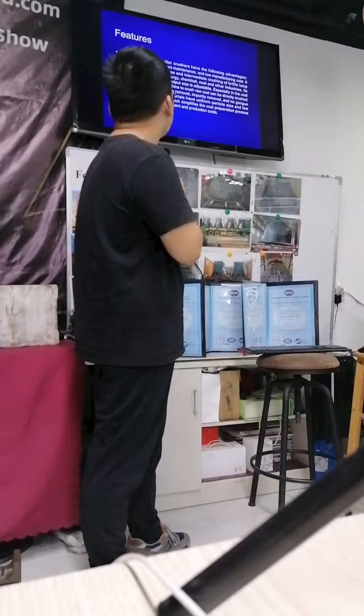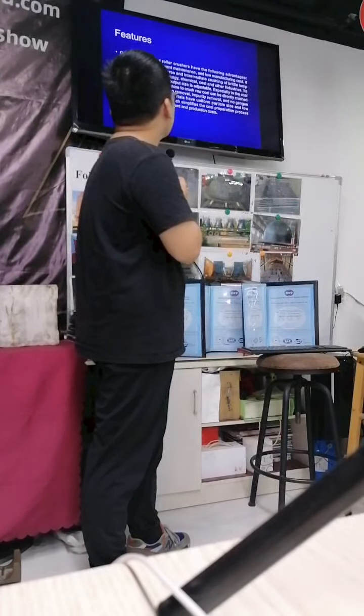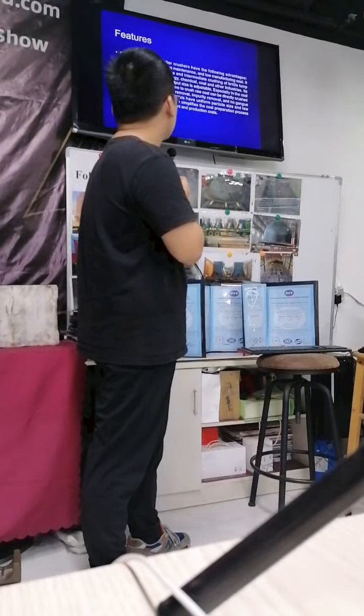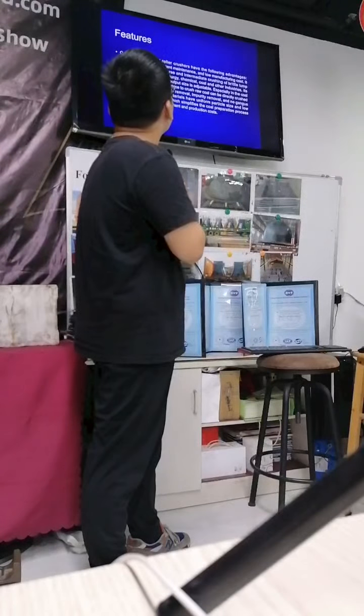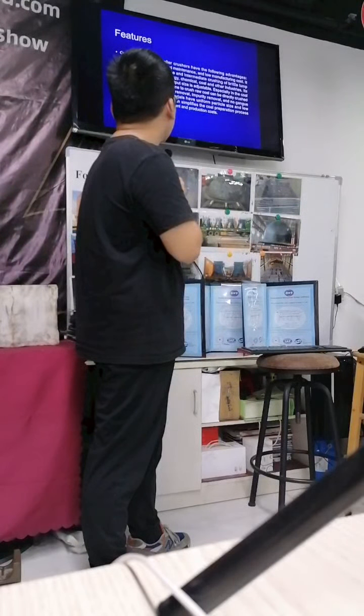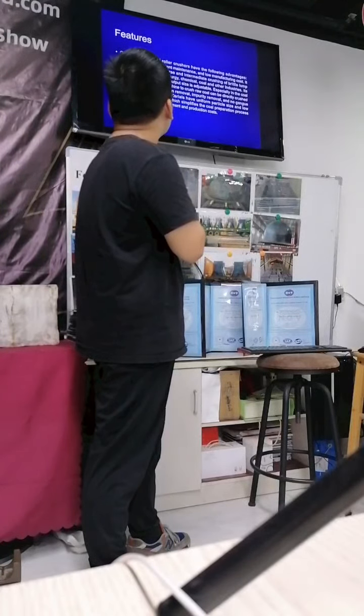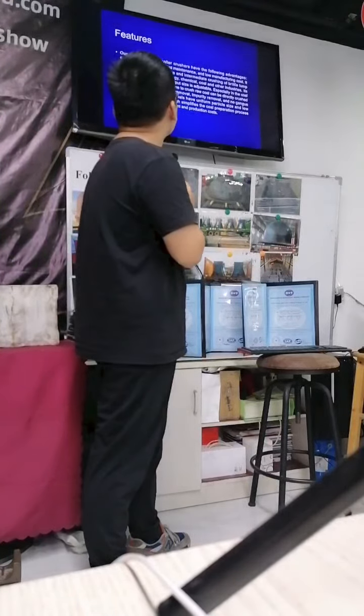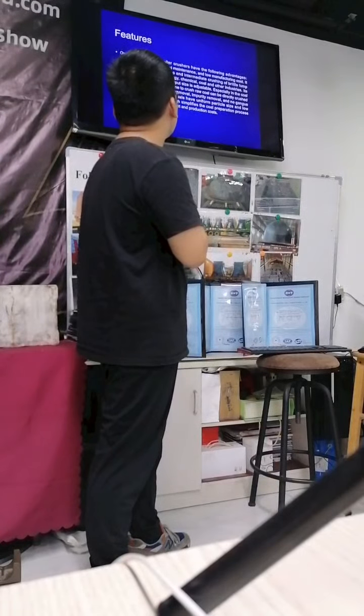It is mainly suitable for the coarse and intermediate crushing of materials in mining, metallurgy, chemical, coal, and other industries. Its feed size is large and the output size is adjustable.